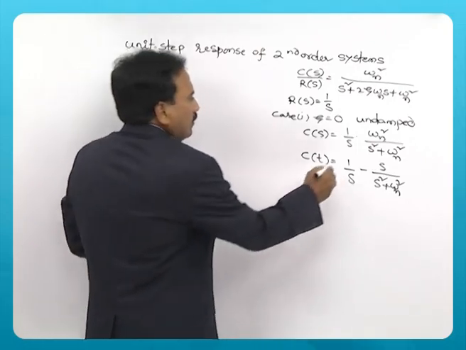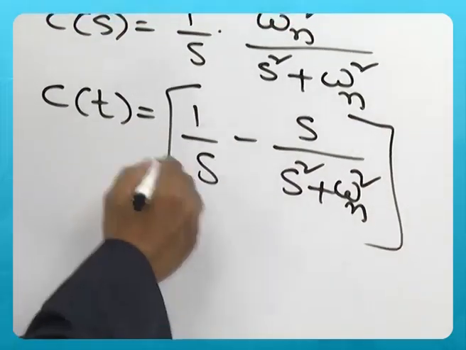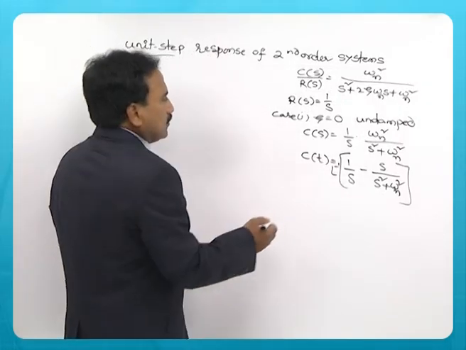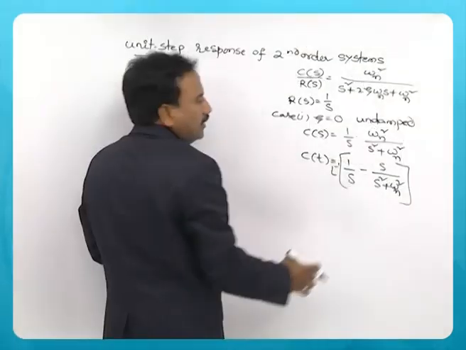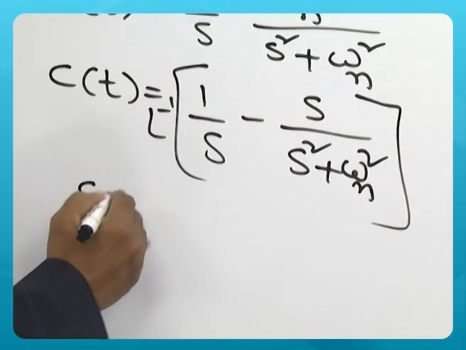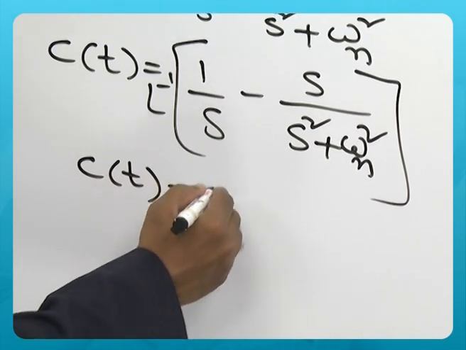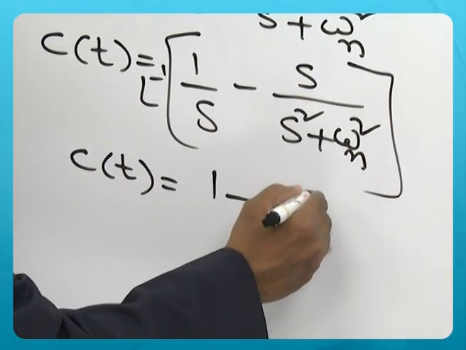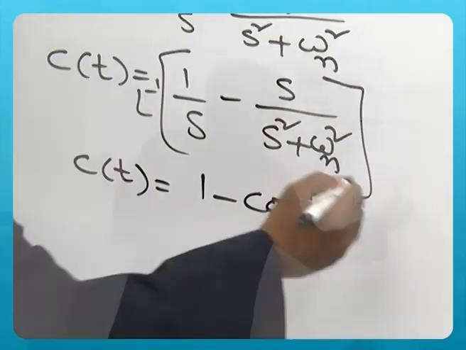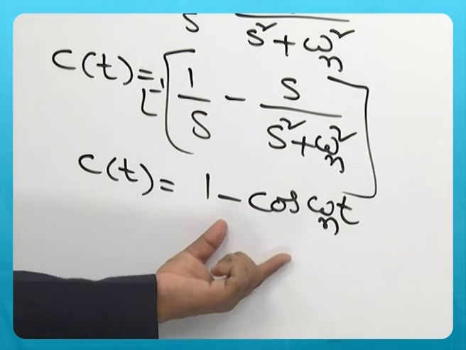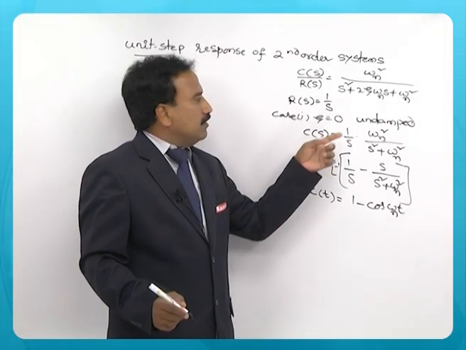Because I want the time response C of t, take the Laplace inverse. So C of t now is 1 minus cos omega n t. This is the response you got for zeta equal to 0.